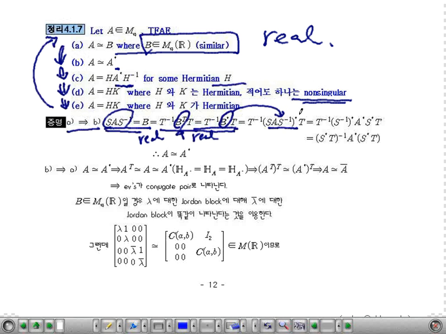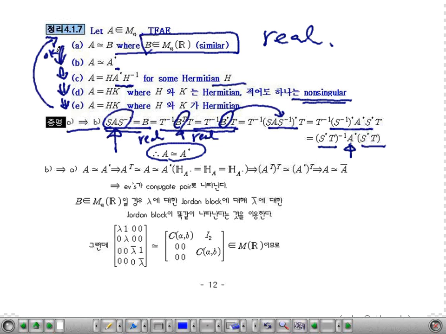Then the conjugate transpose of S A S inverse can be written in this way. Here S and T are both non-singular, so S star T is also non-singular. What that means is A is similar to A star. So now we have proved this part.